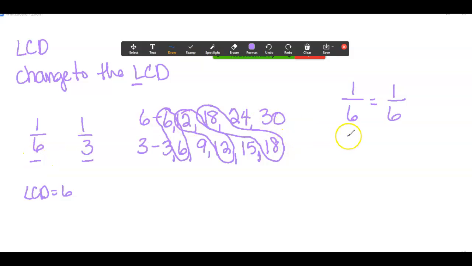Because then I only have to change the 1/3 into 6th. So think about 3 times what is 6? That would be 2. What I do to the bottom, I do to the top. 1 times 2 is 2. So 1/3 is equal to 2/6. Okay?